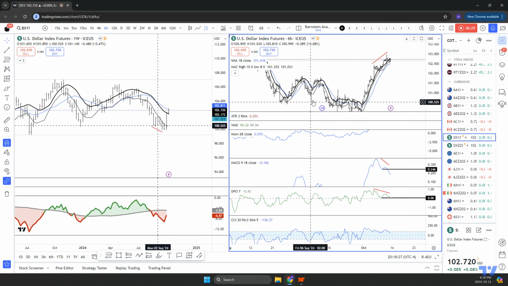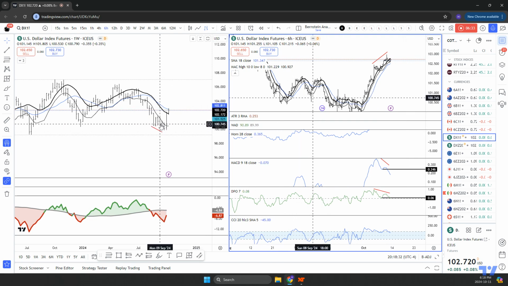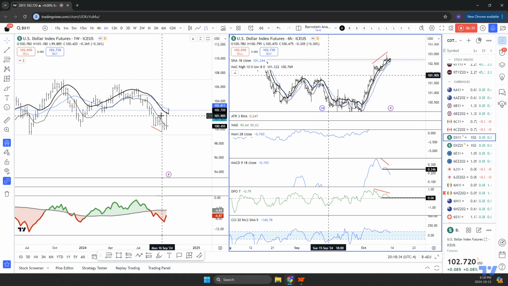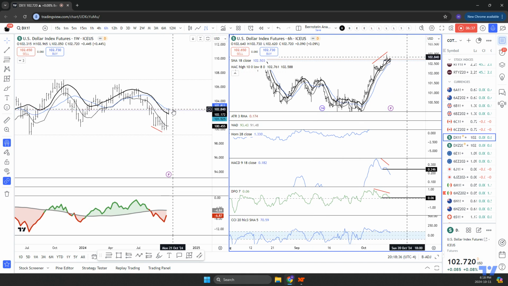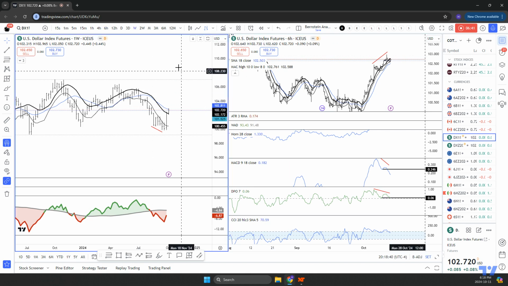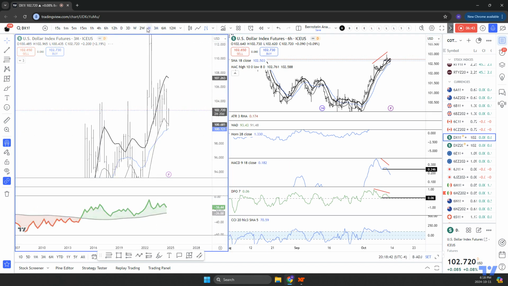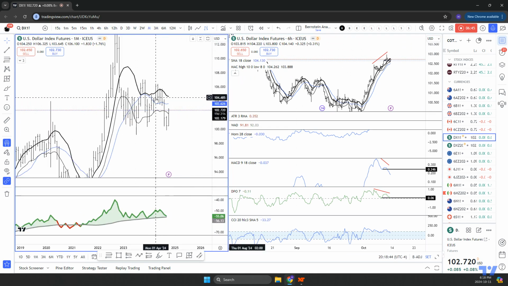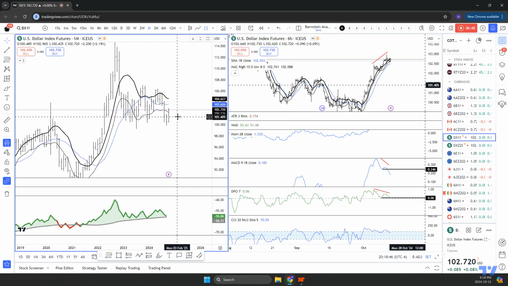However, overall, based on the fact that we've had weekly and daily divergence triggers, supported by the quarterly and the monthly moving average channel, I would suggest that the US dollar has some more upside ahead. And the minimum target for me for US dollar is likely up to 104,627.